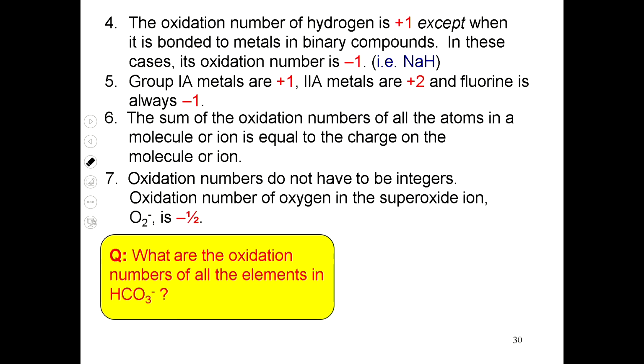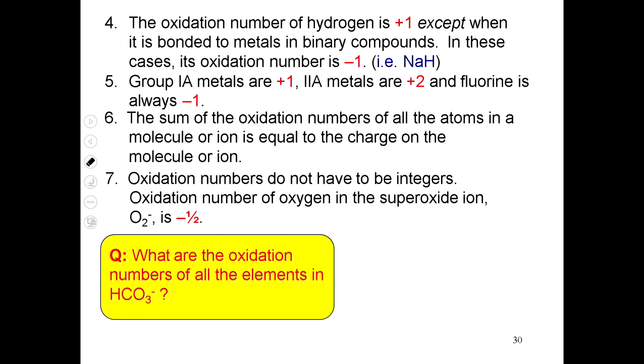And the sum of the oxidation numbers of all atoms in a molecule or ion is equal to the charge on the molecule or ion. A neutral compound's minus charges should equal its plus charges. And the oxidation numbers don't have to be integers.